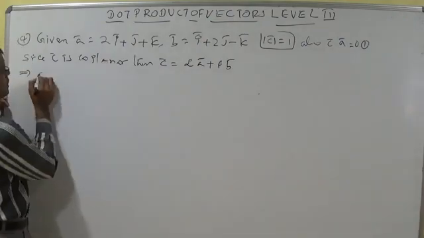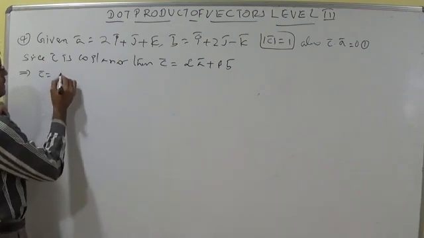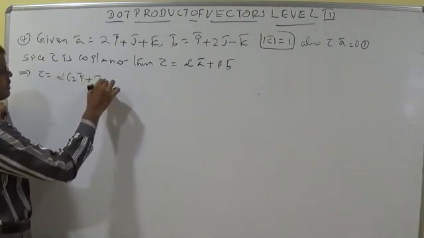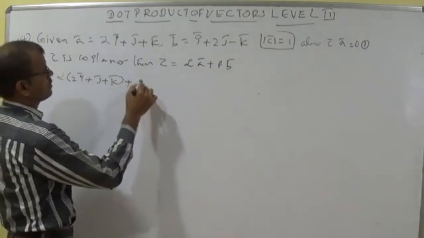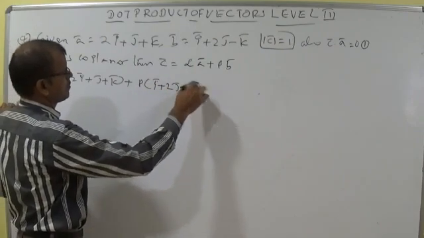So C bar is equal to alpha into (2i plus j plus k) plus beta into (i plus 2j minus k).